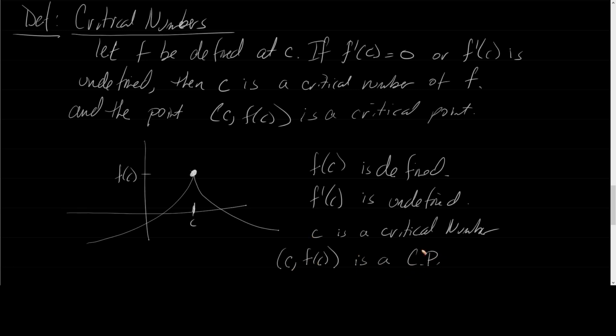I'll be abbreviating critical point with CP. And again, what makes this a critical point is that here the function is defined, however, its derivative is not. It is not differentiable at that point.